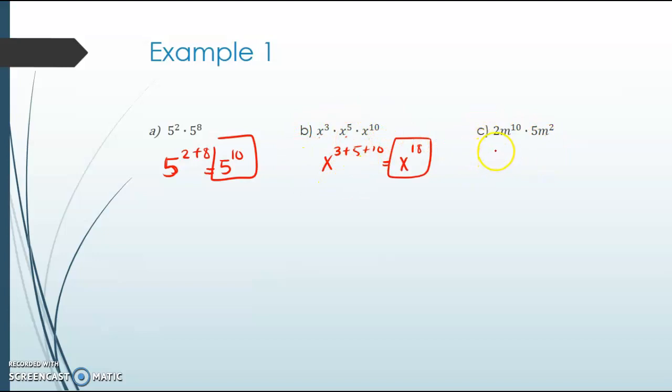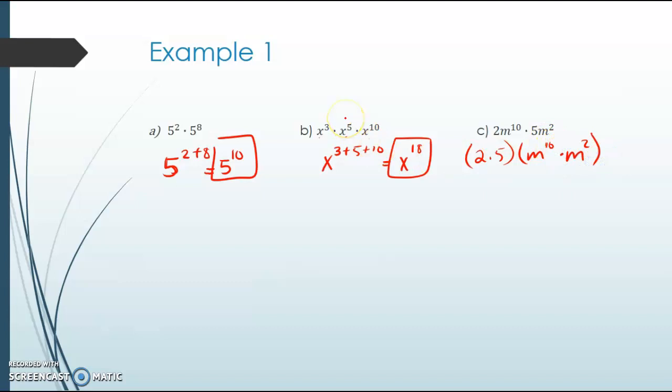Now, C is a little different. Our base, and this is what we need to remember, our base is just the one number or letter holding up our exponent, unless it's in parentheses, and we'll see that in a little bit. But the 2 is not part of my base. It is its own base. And the 5 is not part of my base. So I'm going to think of this as 2 times 5 and m to the 10th times m squared.